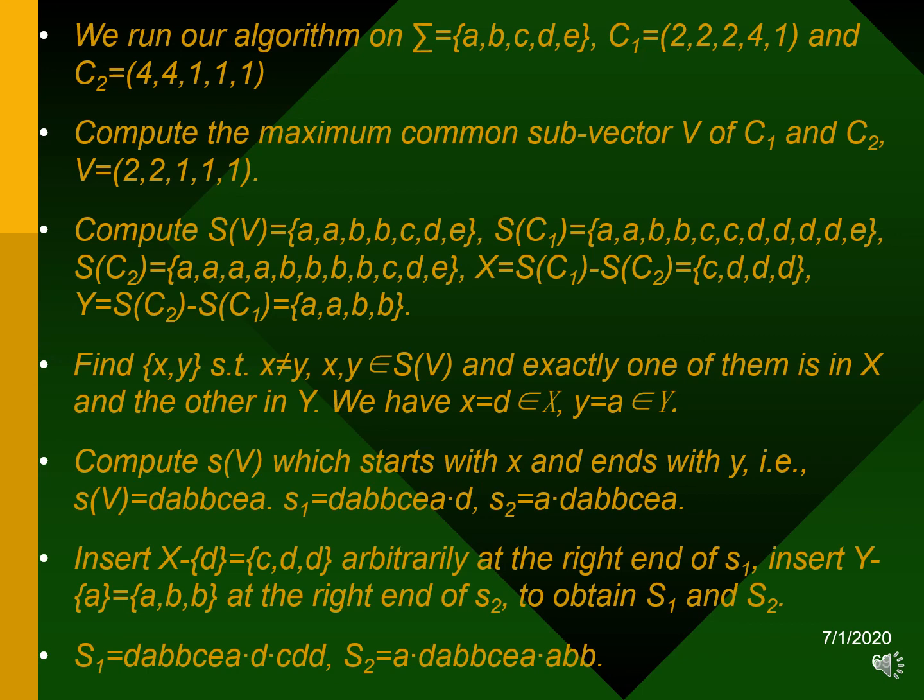So x is not equal to y, but x and y are both in this set SV, and exactly one of them is in X, and the other is in Y. So in this case, we select little x as D and little y as A. They are both in SV, and one of them, D, is in X, A is in Y, right? As you will see, this is computed to help us generate one extra adjacency.